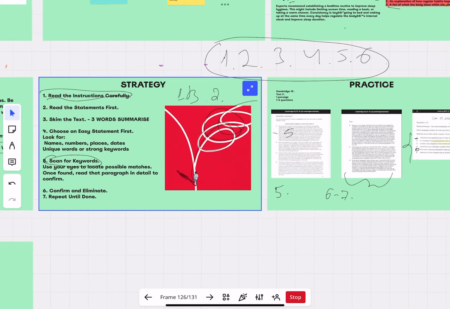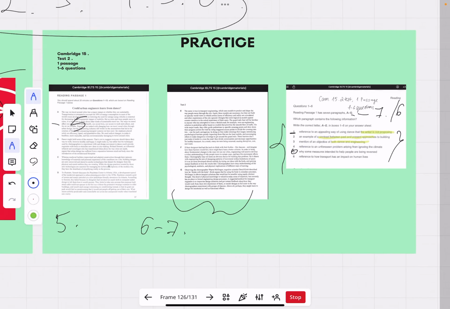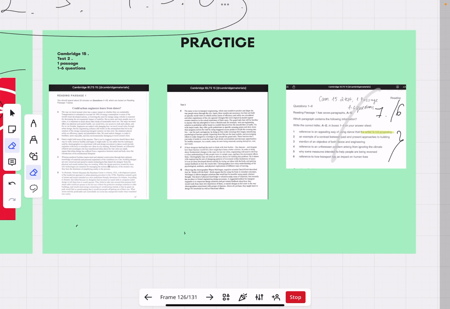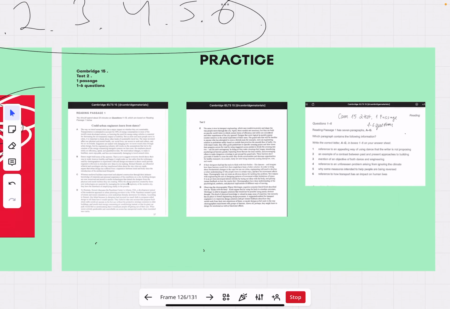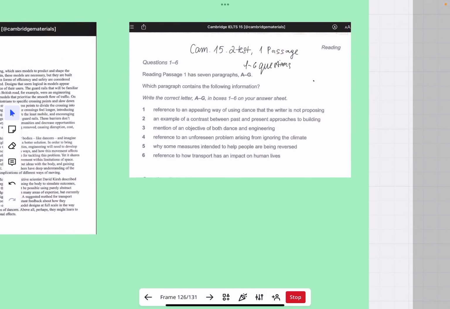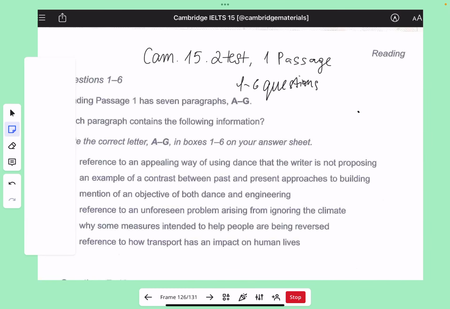As I said before, it's going to be a very quick lesson recording. And now I'm going to go through the whole text in our practice. So let's start. This is Cambridge 15, Test 2, first passage, questions 1 to 6. Okay, I'm going to read the instruction first.